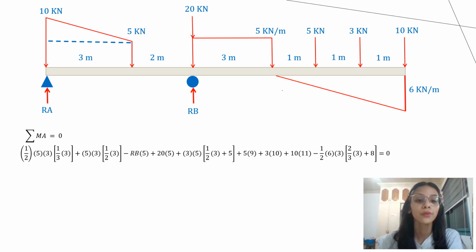So to solve for our RB, we have to get the area of the triangle first, since it is 1/2 base times height, and we divide this into 2.